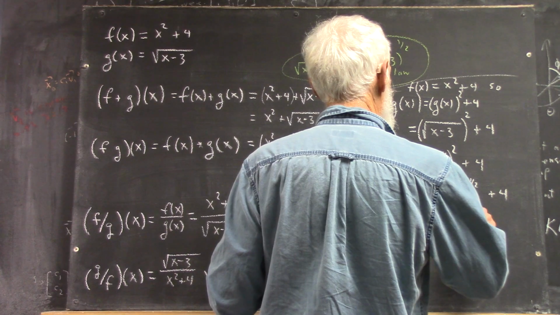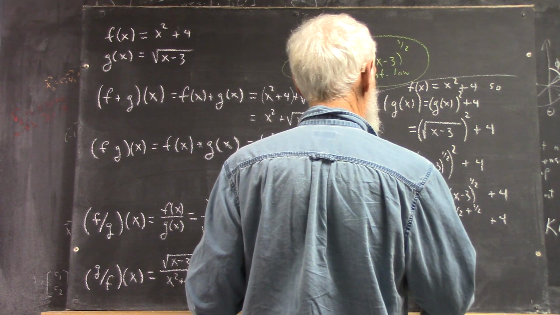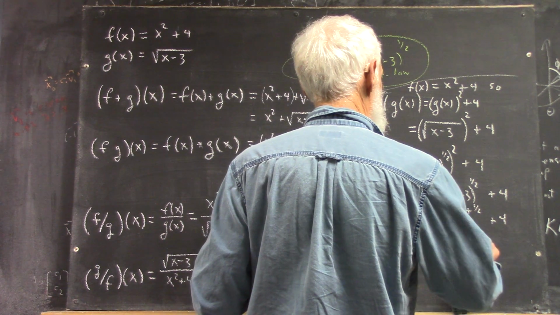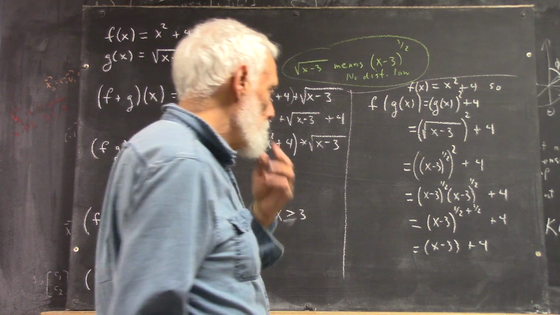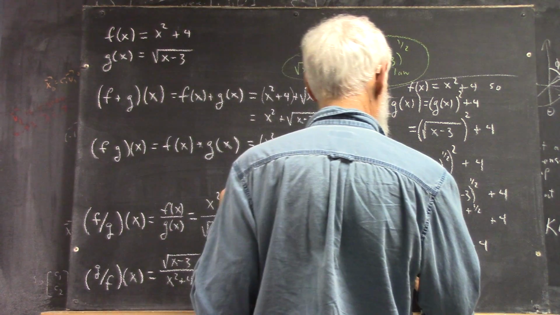And that gives you x minus 3 to the 1/2 plus 1/2, plus 4, which equals x minus 3 plus 4, right? Which equals x plus 1.